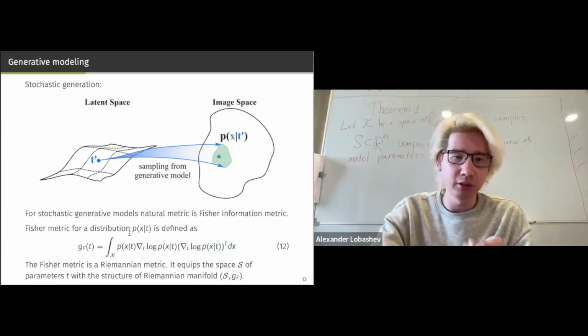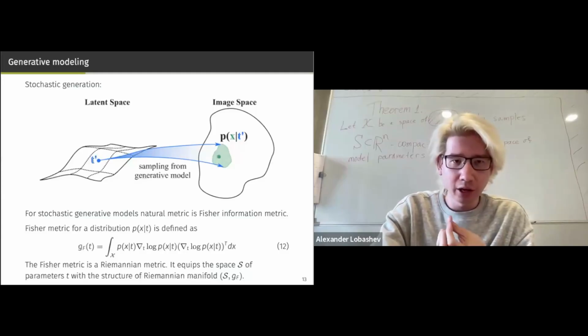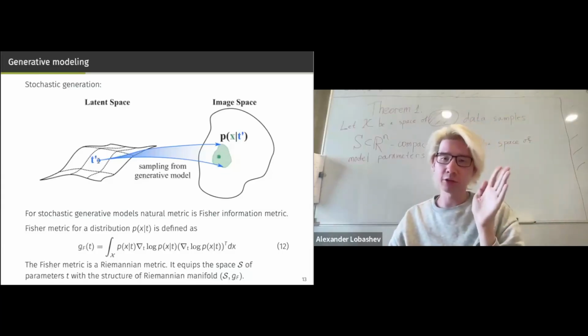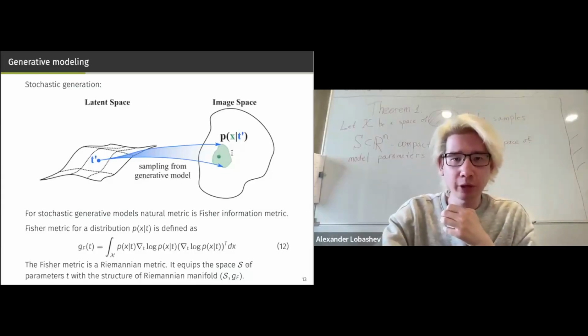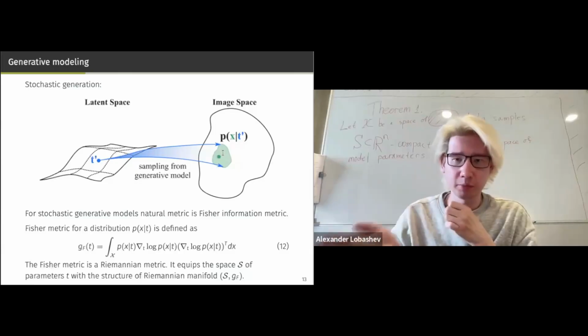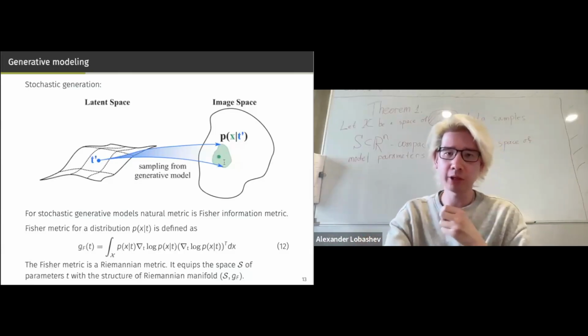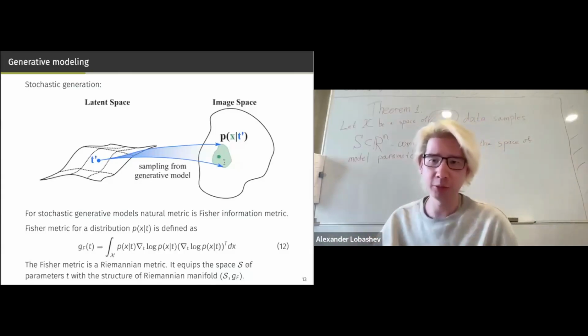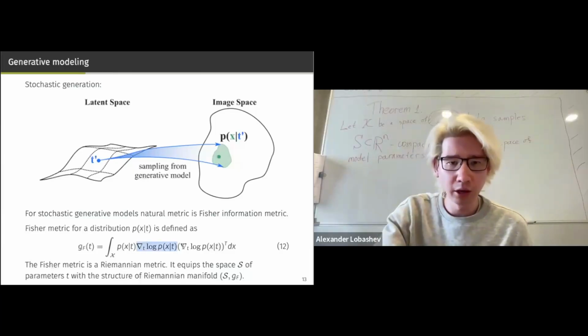So how to estimate it practically? I fix an initial latent variable. In a diffusion model, it's just the initial starting noise. Then I apply iterative denoising with different seeds, and I will obtain some data set of images. And then I can estimate this score function.